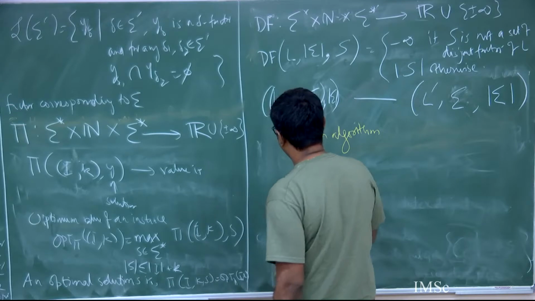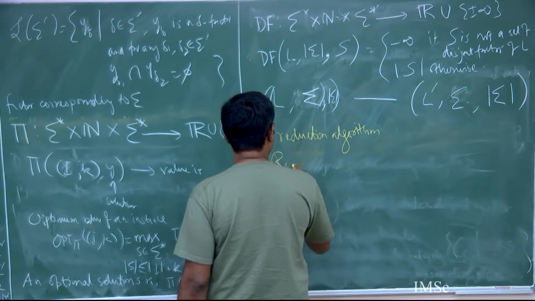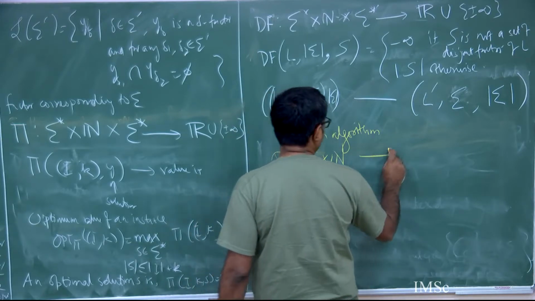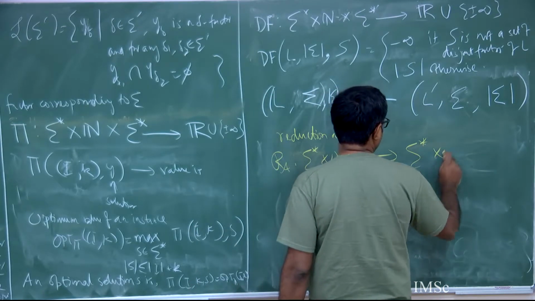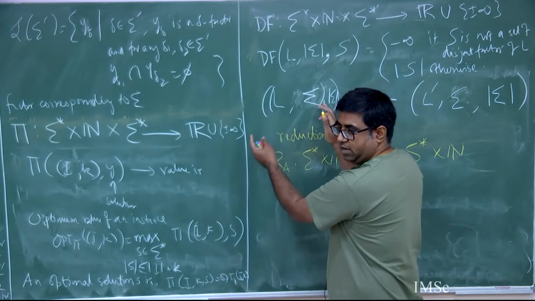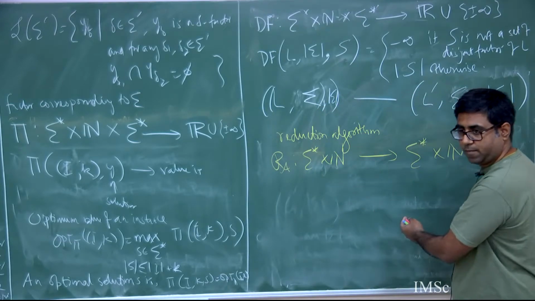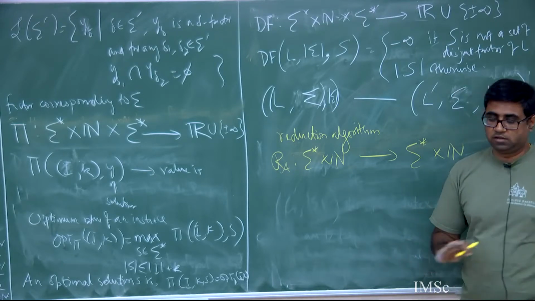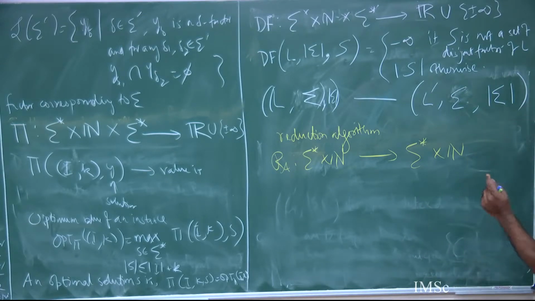What does it do? The reduction algorithm takes a sigma cross natural number and returns another sigma cross natural number. So given an instance, it returns another instance. I'm not talking about equivalence or non-equivalence, nothing. It just returns an instance like this. This is what it does. It does nothing more.